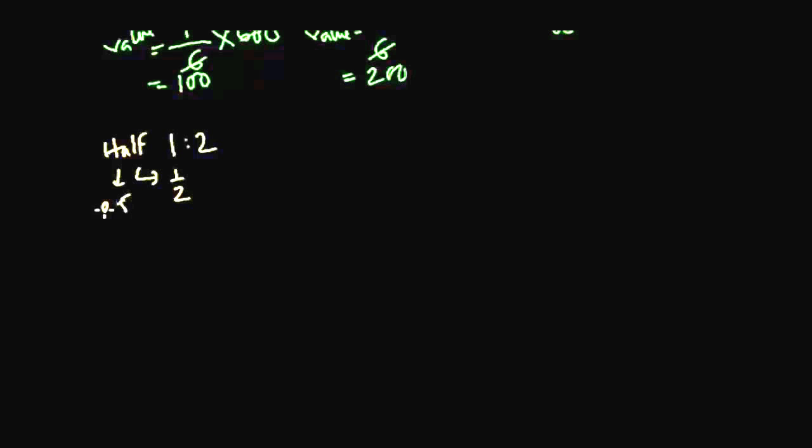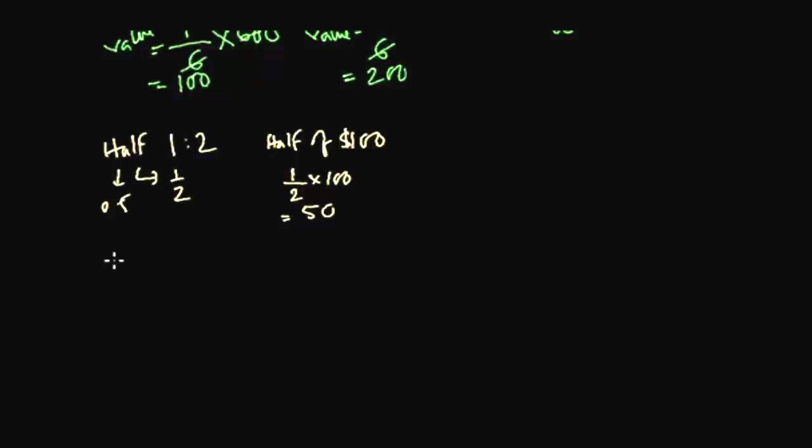Ratio can be expressed as a fraction and also as a decimal. So if someone is getting half of something, we always multiply. If someone gets half of $100, the value is going to be 1 by 2 into $100, and that is obviously going to be 50.